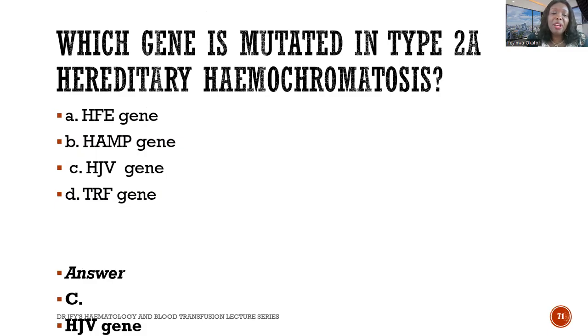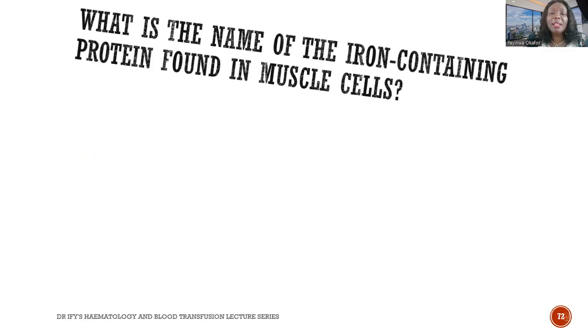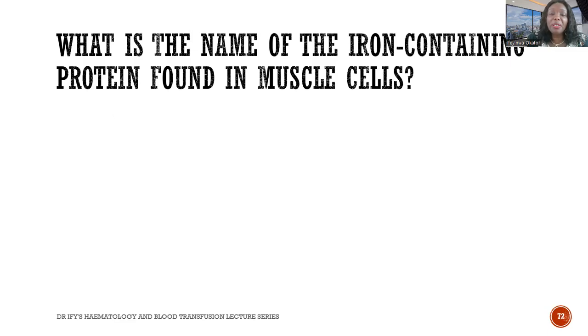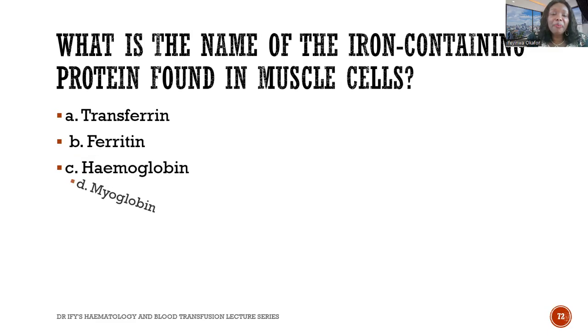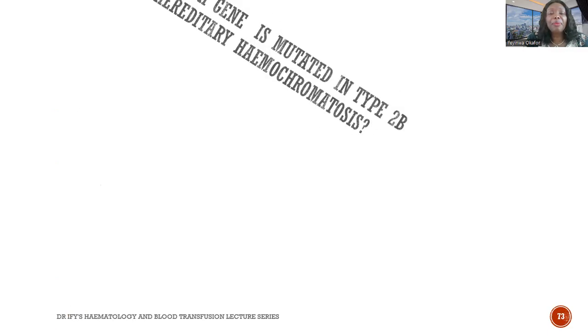That is, the hemojuvelin gene is mutated in type 2A hereditary hemochromatosis. What is the name of the iron-containing protein found in muscle cells? Transferrin, ferritin, hemoglobin, myoglobin. Answer D, myoglobin.